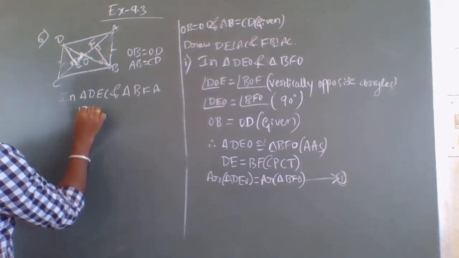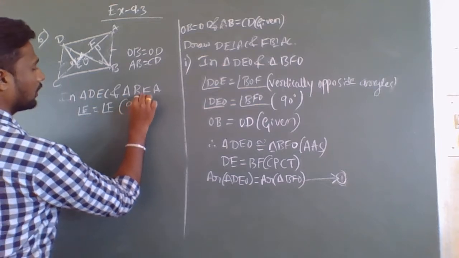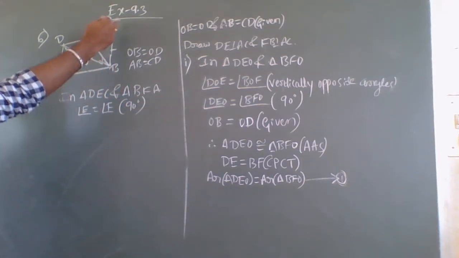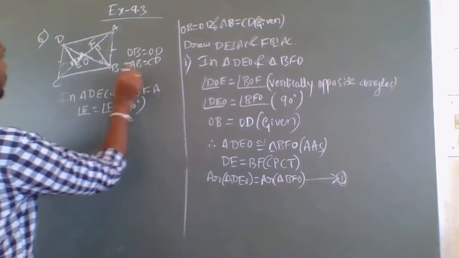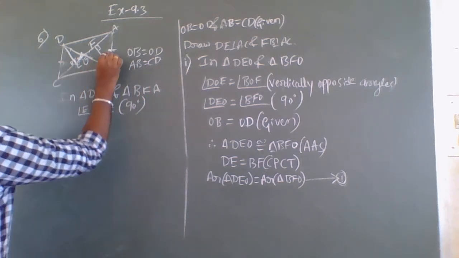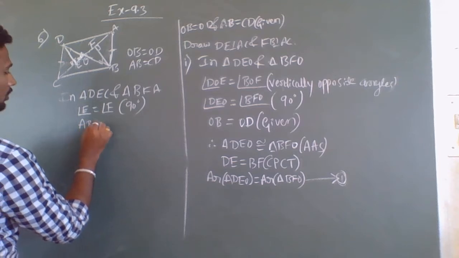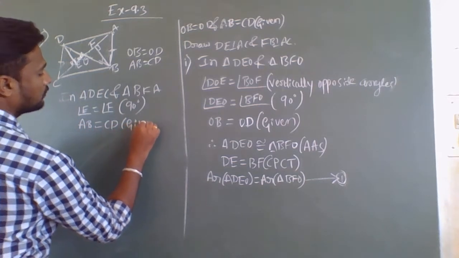So angle E is equal to angle F because these two are 90 degrees, because DE is perpendicular to AC and BF is also perpendicular. And here it is given that AB is equal to CD. These two are equal. Therefore, AB equals CD. This is given.